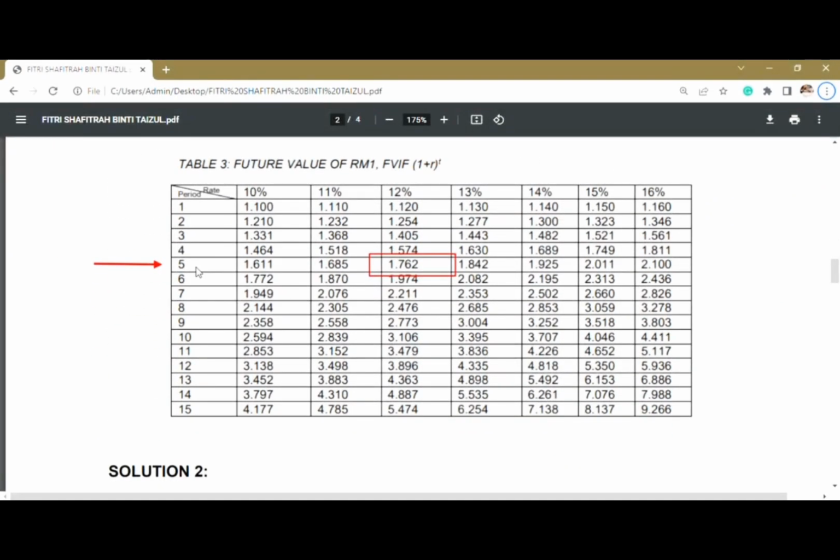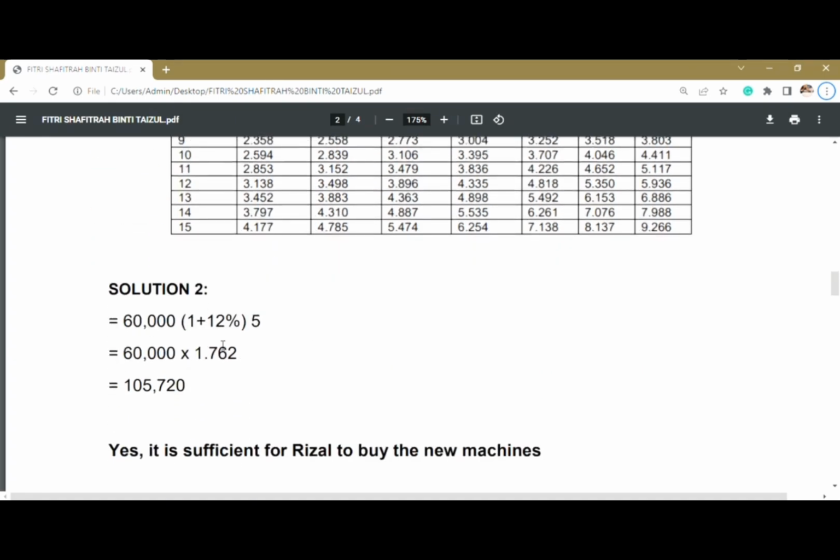So when we see this, we will get the answer, which is 1.762.